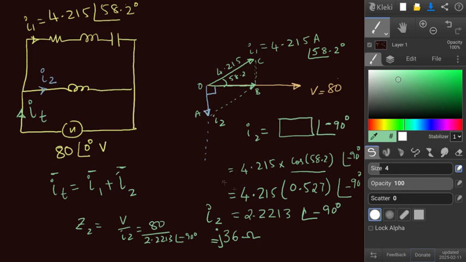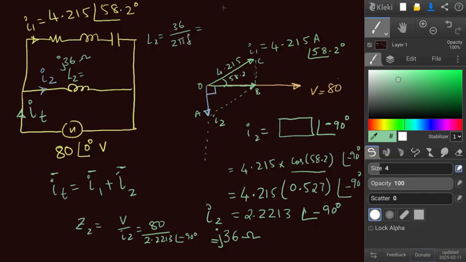How do you convert that back into an inductance value? I will say L2. Here this is j36 ohms, which is nothing but L2 equal to 36 divided by 2 pi f, that is, divided by omega.